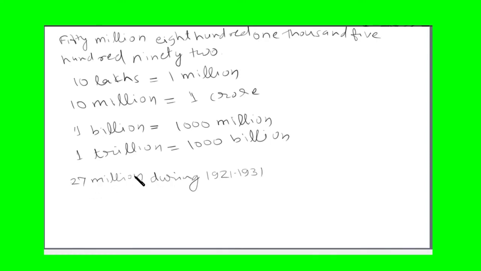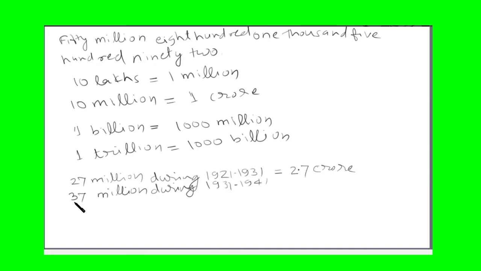It means that the increase in population was 2 crore 70 lakhs or 2.7 crore. Then 37 million during 1931 to 1941.